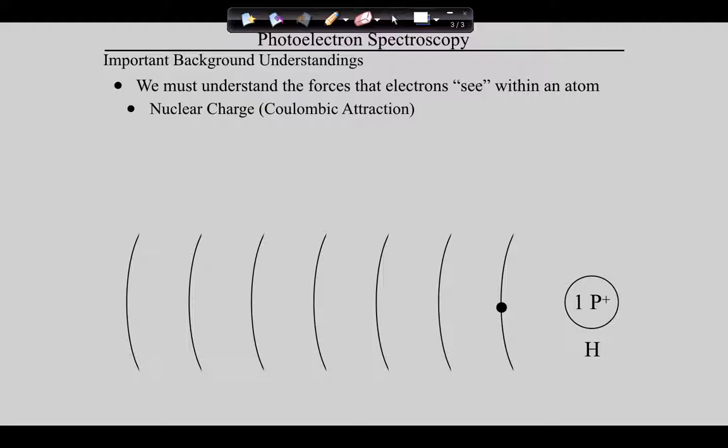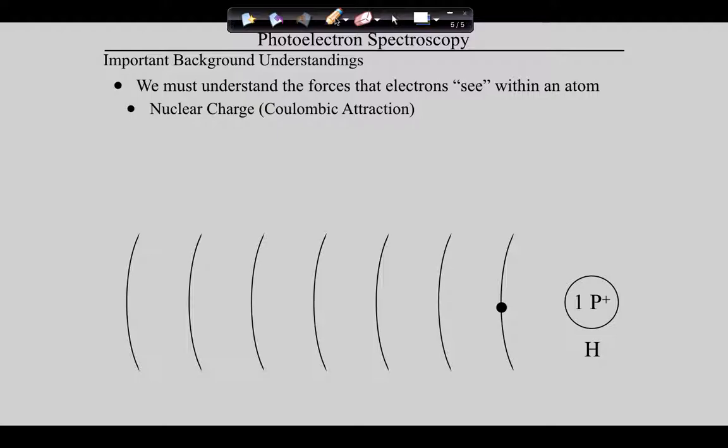Coulombic refers to the attraction between positives and negatives. So the Coulombic attraction that this electron experiences is simply the attraction of the nucleus.